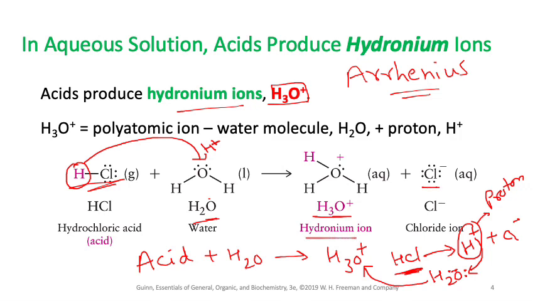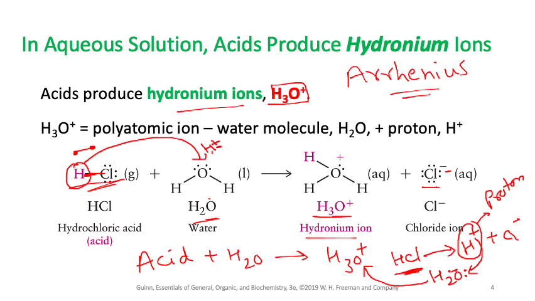What's happening here is the bond between H and Cl, and to make a single bond we need 2 electrons. The electrons are taken by the chlorine, and hydrogen doesn't have any more electrons, that's why it gets a positive charge, and the chlorine gets 8 electrons in its outermost orbit, that's why we have a negative charge. So this is the basic concept of the acid definition given by Arrhenius.